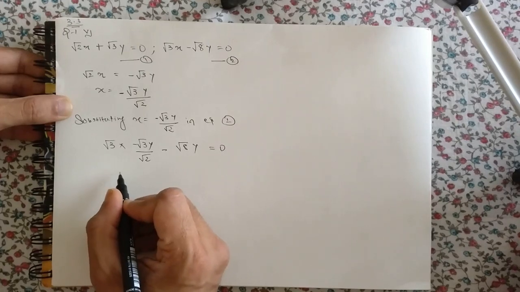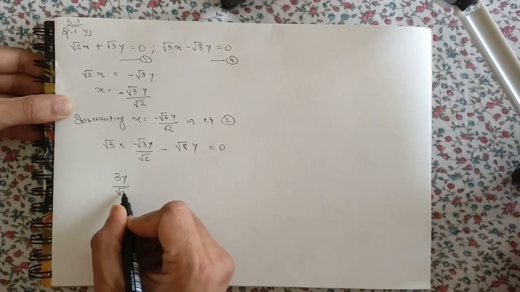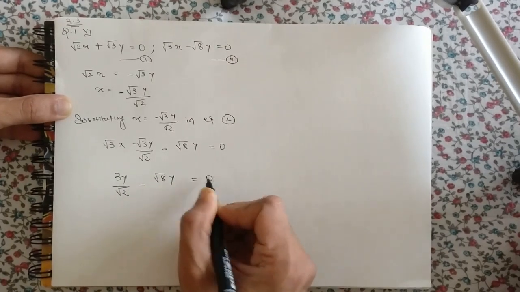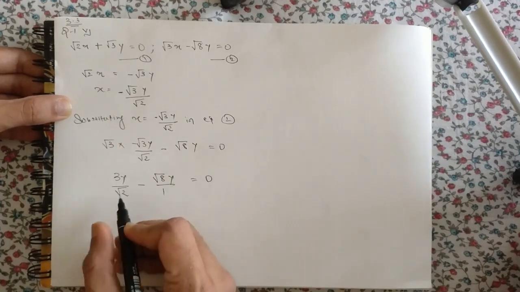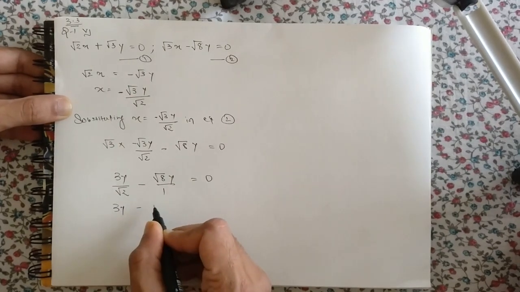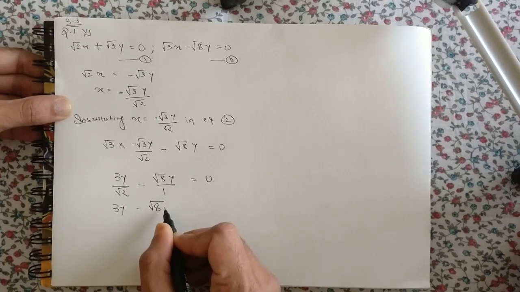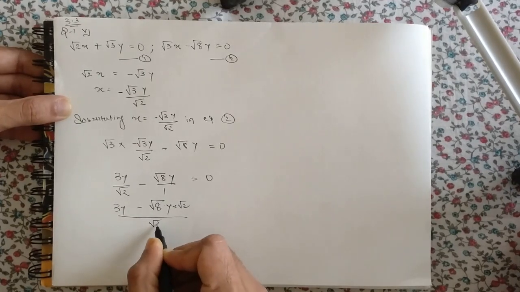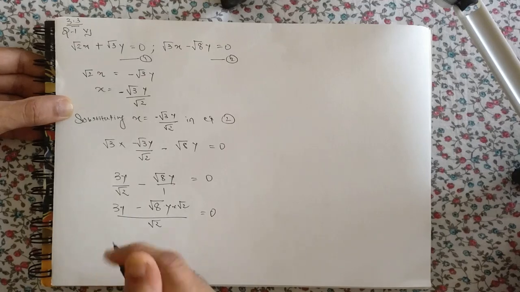So here it will be minus root 3 into root 3 will be 3y by root 2 minus root 8y is equal to 0. Shall we take LCM? Yes. So 3y minus root 8 into root 8y into root 2, the whole upon root 2 is equal to 0. Root 2 will go to this side and will become 0.